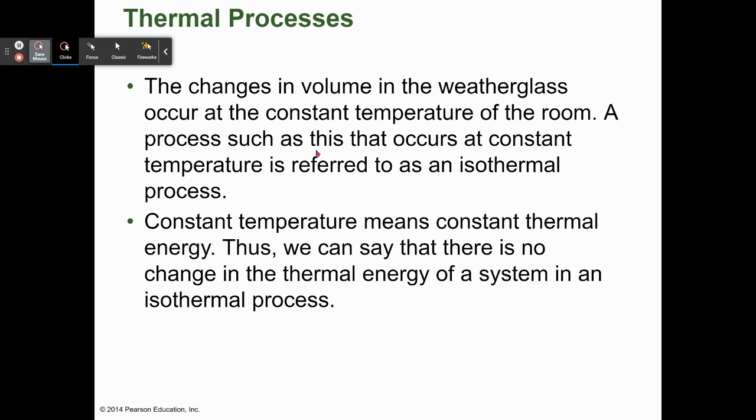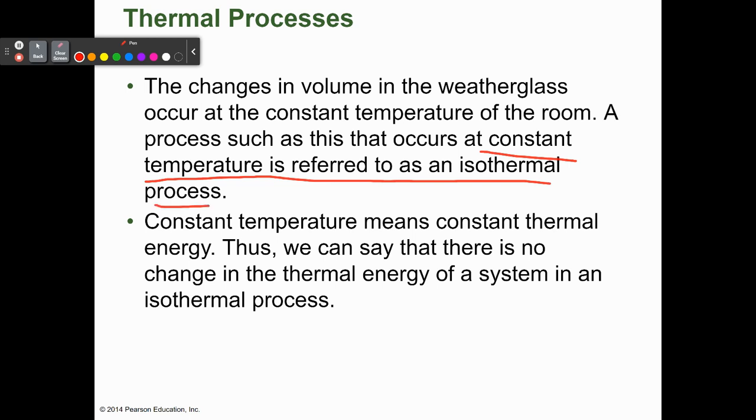So a process such as this occurs at a constant temperature. So we've talked about constant volume, we've talked about constant pressure. Now in this particular situation, we're talking about a constant temperature process, and that's called an isothermal process. There are two processes we're going to talk about in this chapter, isothermal and adiabatic, and we'll get to that in a minute.